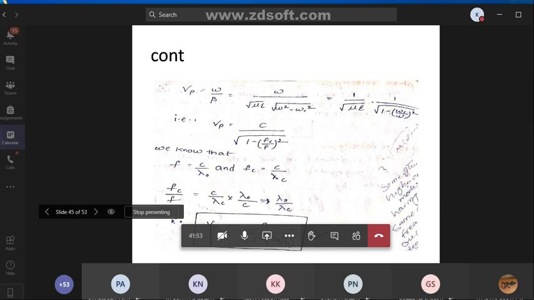Then we will get fc by f equal to lambda naught by lambda c. So in place of fc by f, substitute lambda naught by lambda c. Then you will get phase velocity equal to c by square root of 1 minus lambda naught by lambda c whole square. So that is the phase velocity equation.